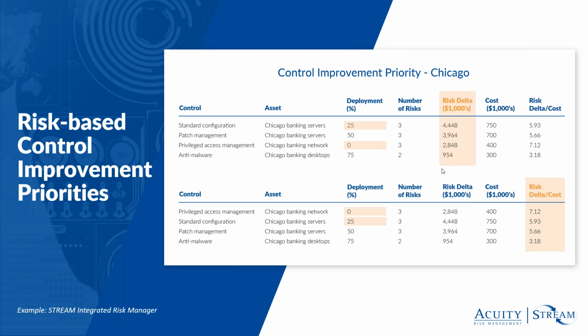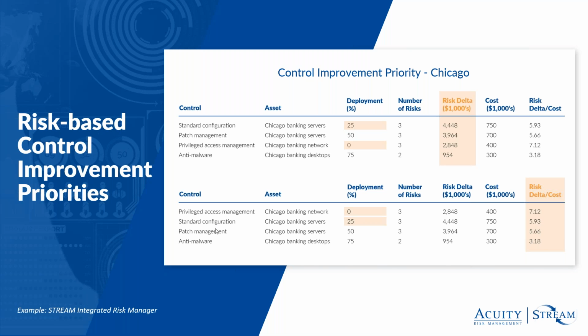Okay, but if we have limited budget and we need to know where to prioritize our expenditure on security programs, then from a risk delta perspective, it's these two, standard configuration and patch management. Of course, we can also record the cost of our security improvement programs, and this is simply another sort on the same data, which is showing the risk delta as a proportion of the cost of the security program.